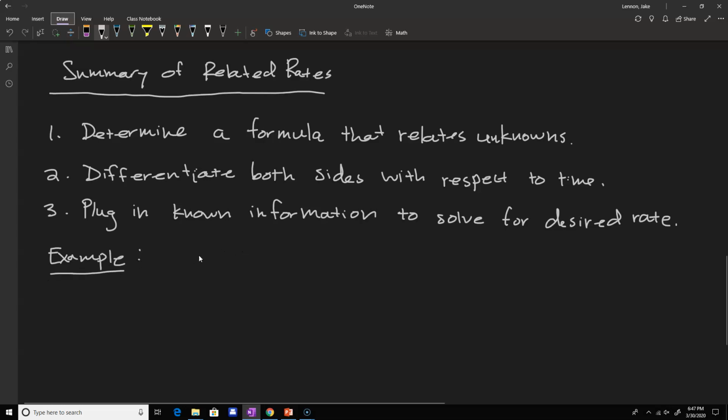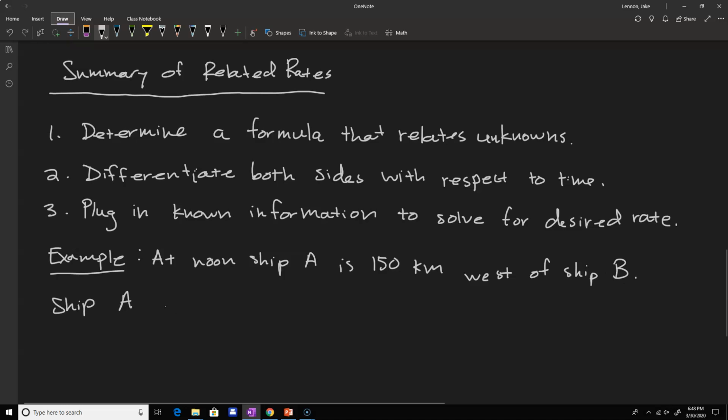So what does this example say? It says, at noon, ship A is 150 kilometers west of ship B. And then we know that ship A is sailing east at 35 kilometers per hour, and ship B is sailing north at 25 kilometers per hour.